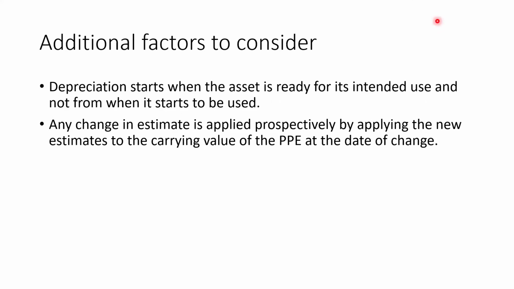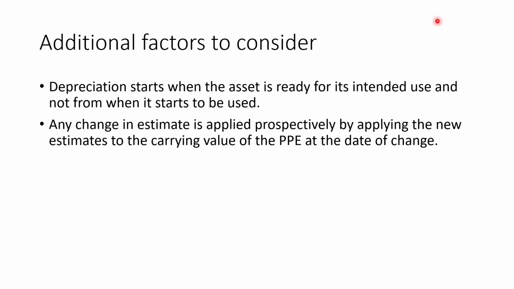I told you that there can be a change in the accounting policy. There can equally be a change in the accounting estimate. By estimate, we mean the useful life or the rate of depreciation. That's the accounting estimate. In as much as the accounting policy can change, the estimate can equally change. Is that fine? Whenever you change the accounting policy, there is a procedure for you to follow.